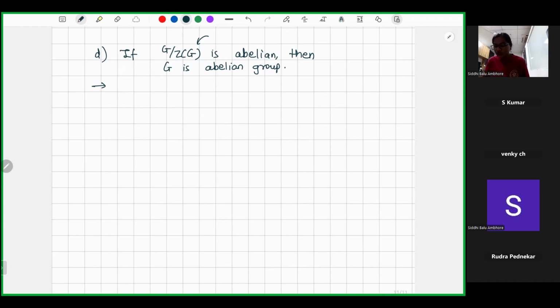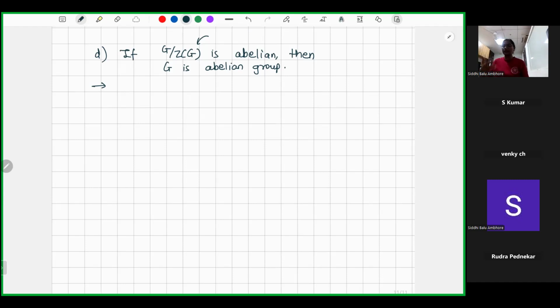Because if you choose a group which has a trivial center, then G quotiented by ZG will again be G, and it is not abelian since the center is trivial.